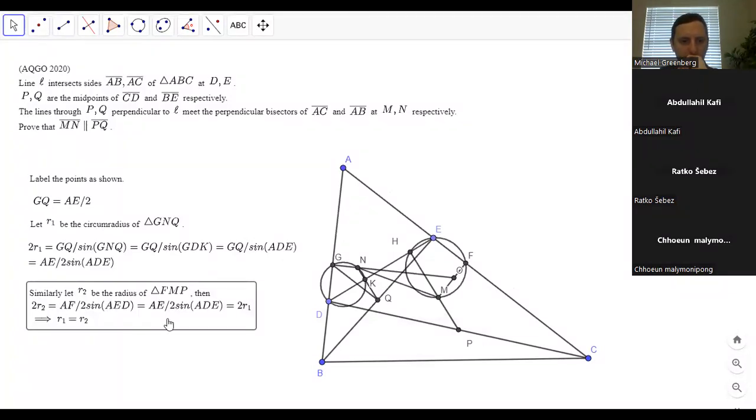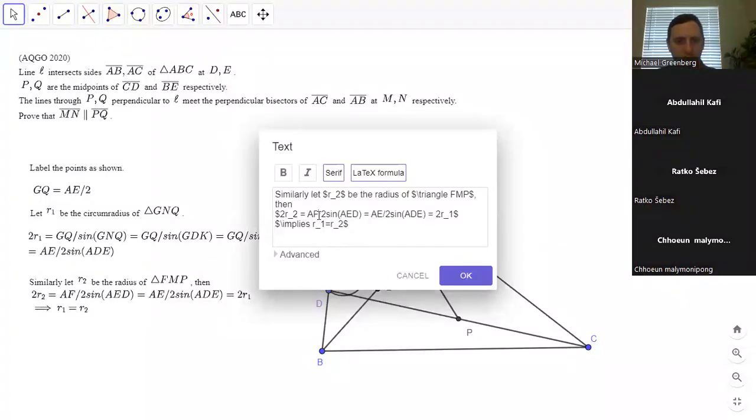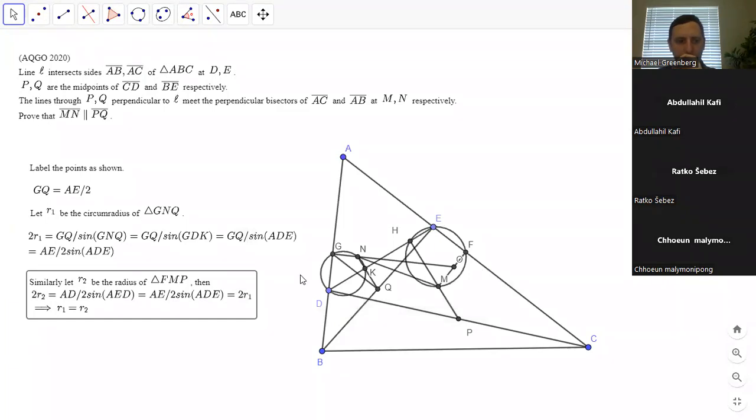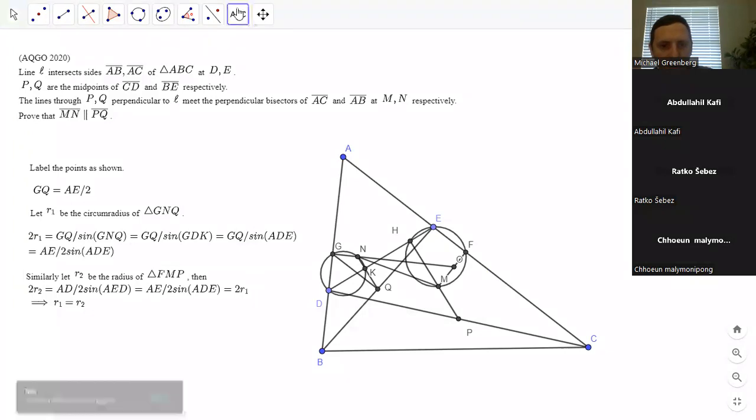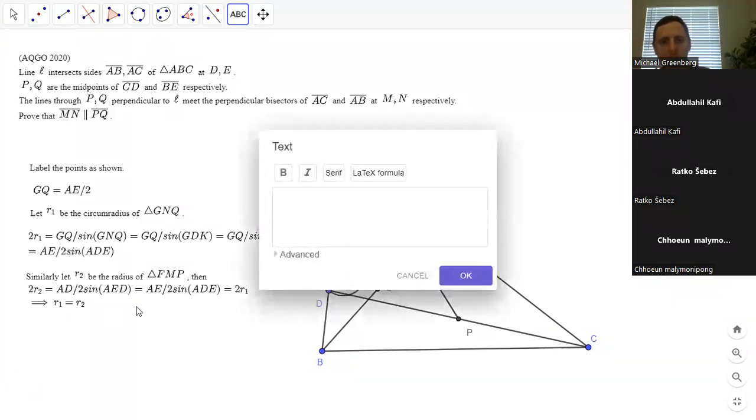Oh, you're right. AD. I might have switched these, right? Maybe this should be, oh no, it is, yeah, D. Okay. And then the angle between GN and GQ is the angle between AB and BE.